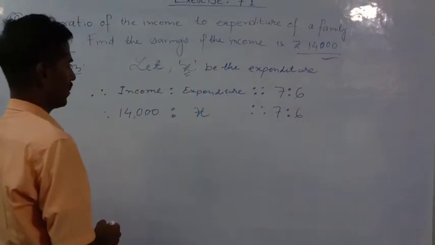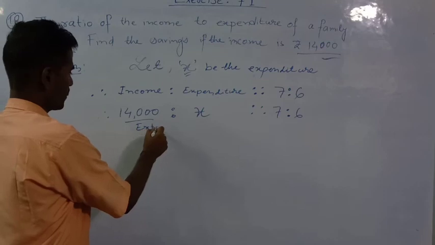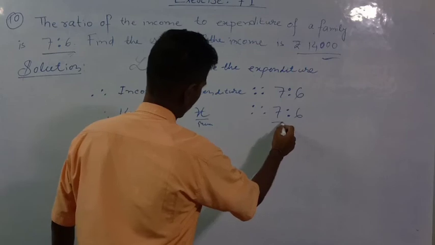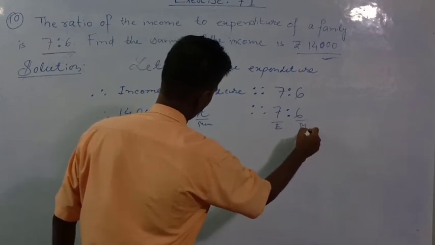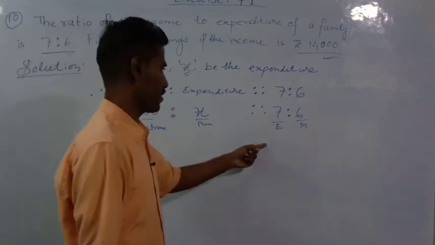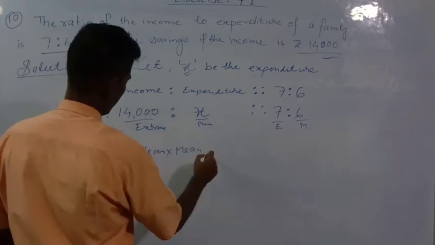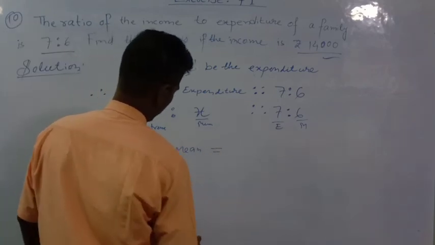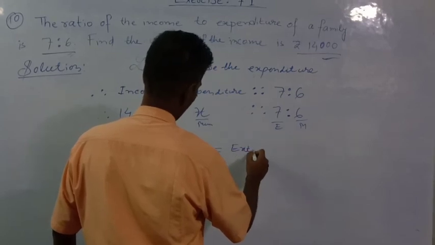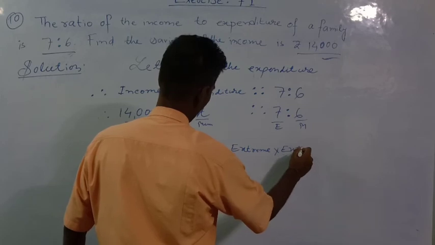Now see, in a proportion, this is called the extreme term, this is called the mean term. Again, this is extreme, again this is mean. And we know extreme into extreme equals mean into mean. Therefore, mean into mean equals extreme into extreme.